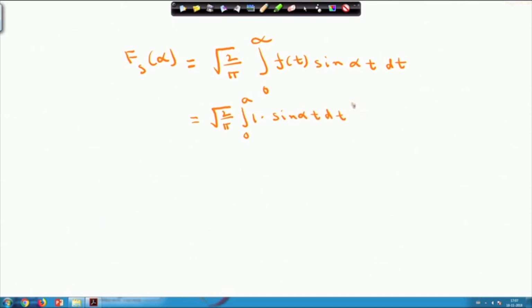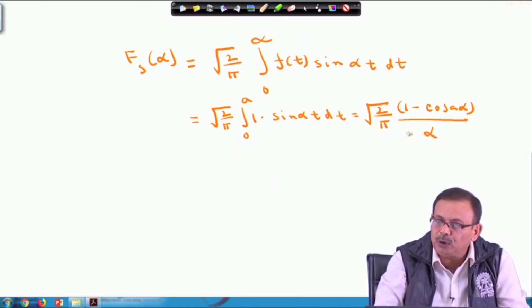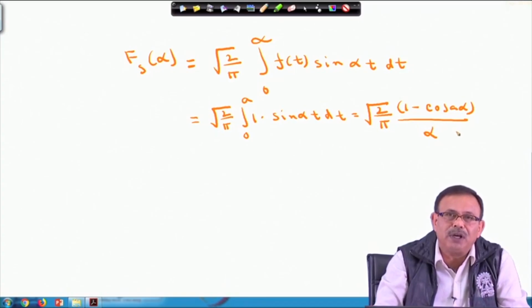If you evaluate this, you will obtain root over 2 by pi into 1 minus cos of alpha a, divided by alpha. So, the Fourier sine transform of the function is root over 2 by pi times 1 minus cos of a alpha by alpha.